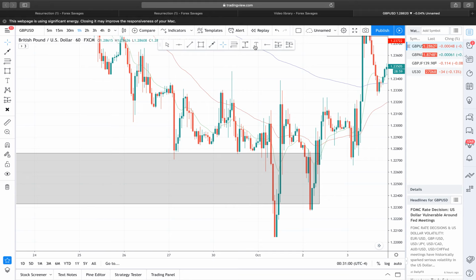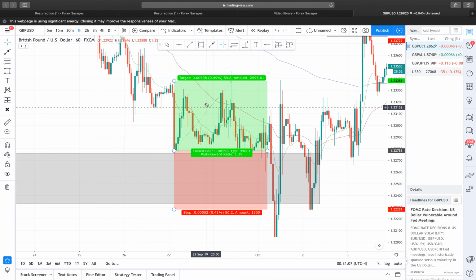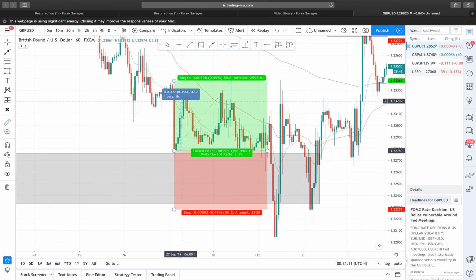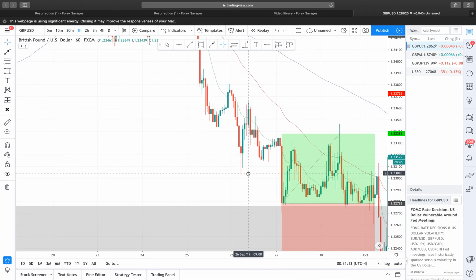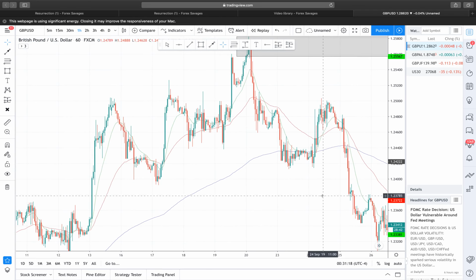Remember, no retest, no valid entry. We could have gotten in here, 40, 50 pip scalp, and look at that, straight into profit. So you can use these zones to manipulate the market in your favor, to scalp and use them as overall targets.